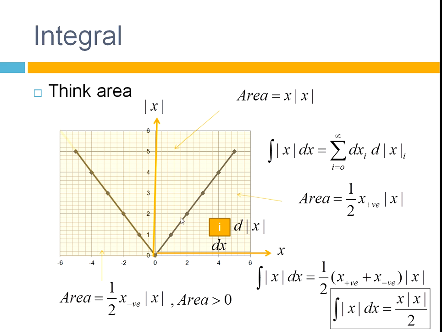Just add all of those up, and we think that's going to give you double the area of the actual integral. So you imagine taking away these two sections, you're going to be left with half of this, so x, absolute value of x, over 2, which is this. So there's two different ways of thinking about the integral, and they give the same answer, which is this formula here.